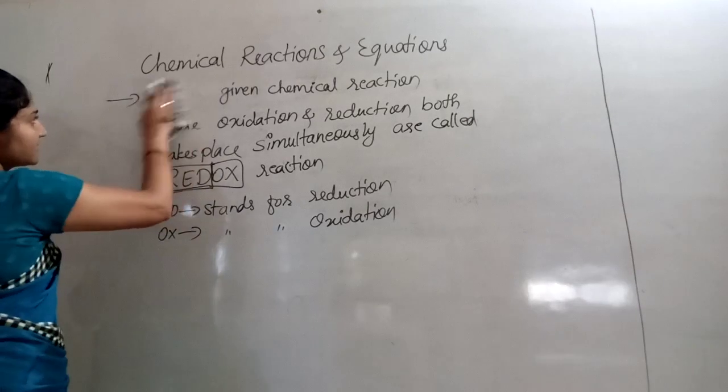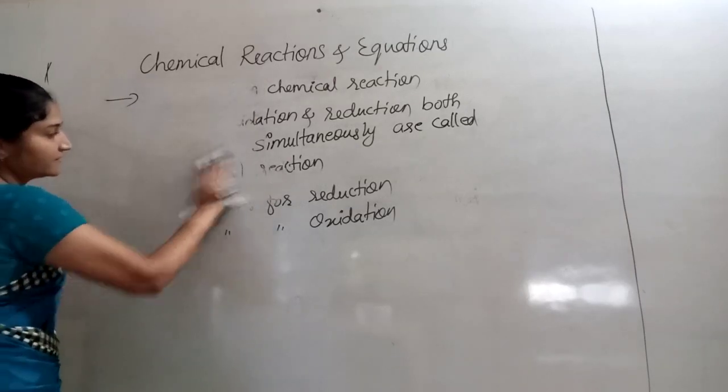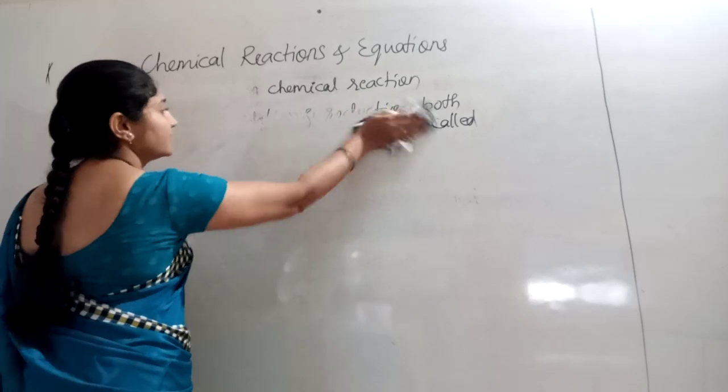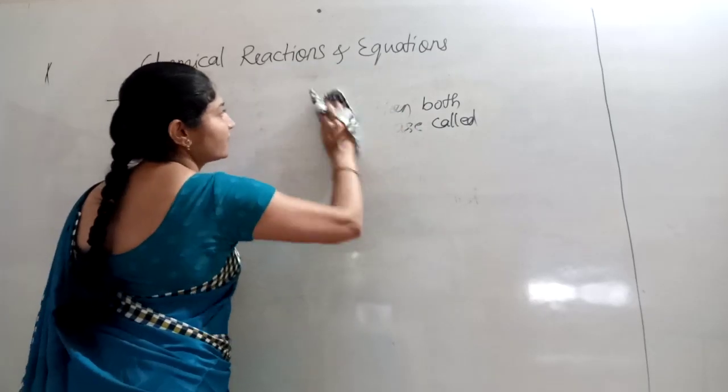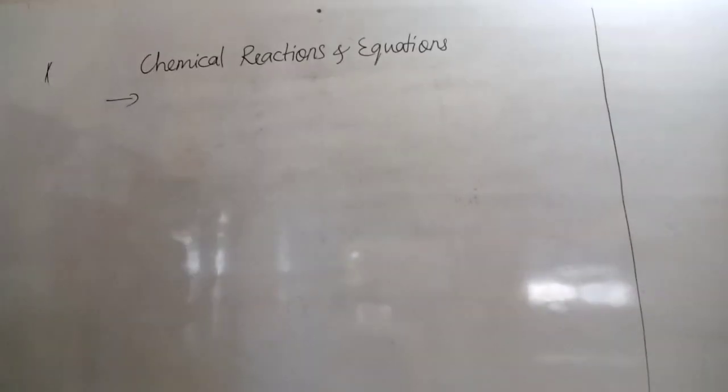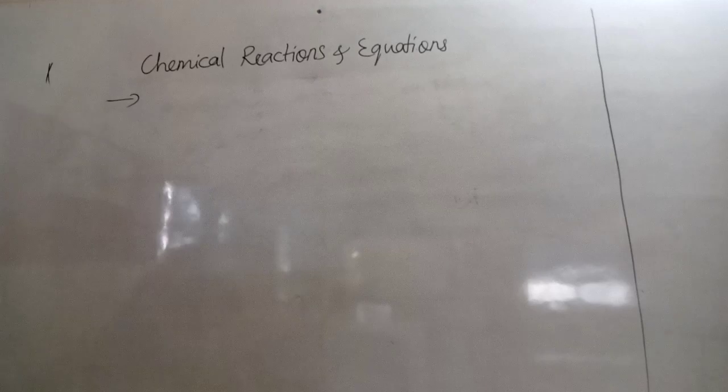We consider how both reactions take place simultaneously in one reaction, that is, addition of oxygen or removal of hydrogen, or addition of hydrogen or removal of oxygen. Just now we discussed an example.